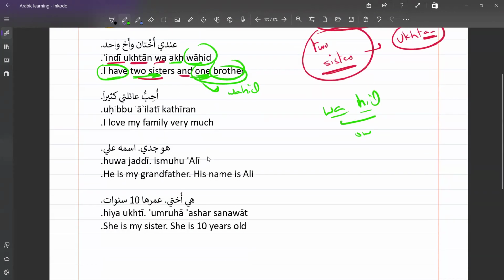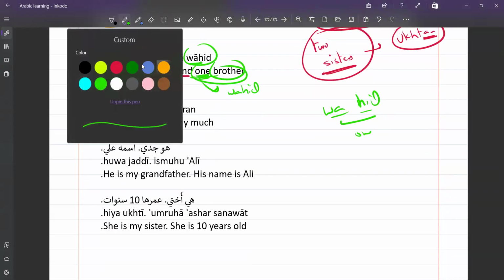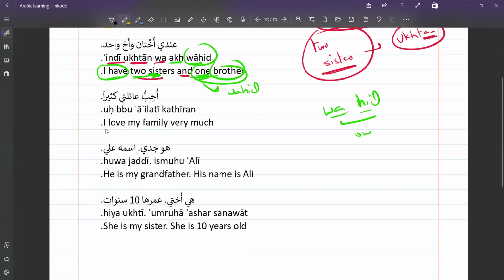So moving on, the next sentence. If I want to say I love my family very much, I would use uhibbu, which we have just learned means I love. And we have done that a'ila means family.